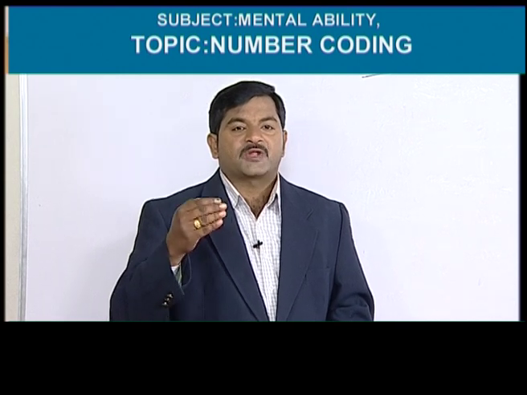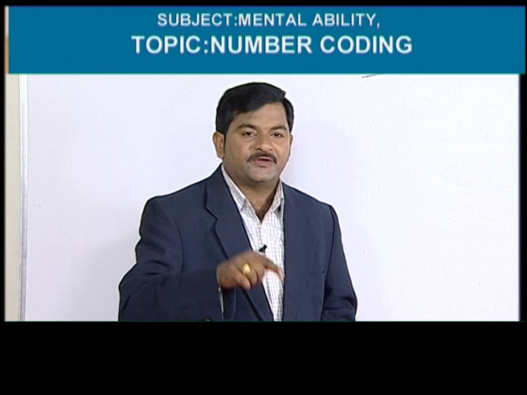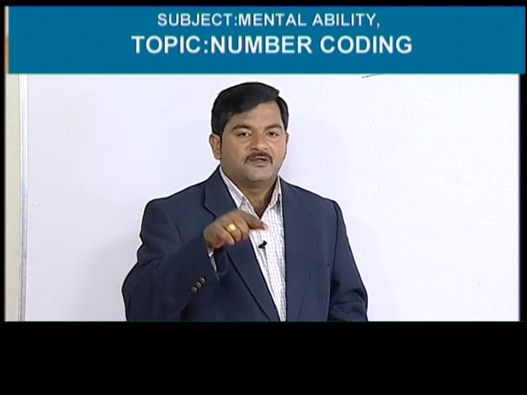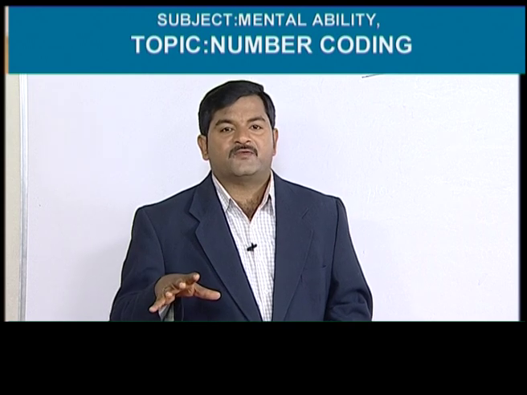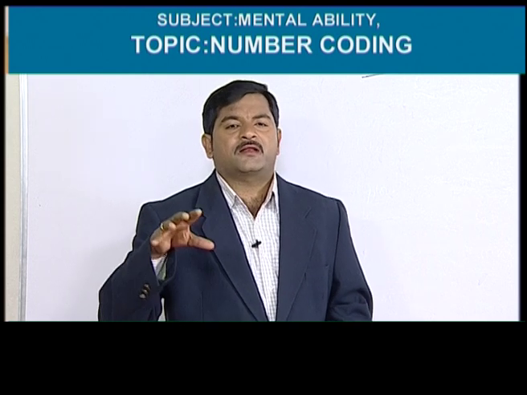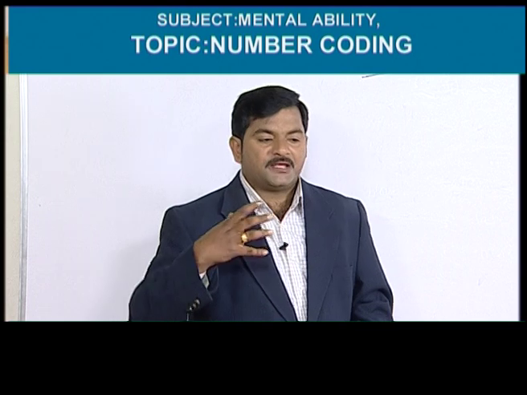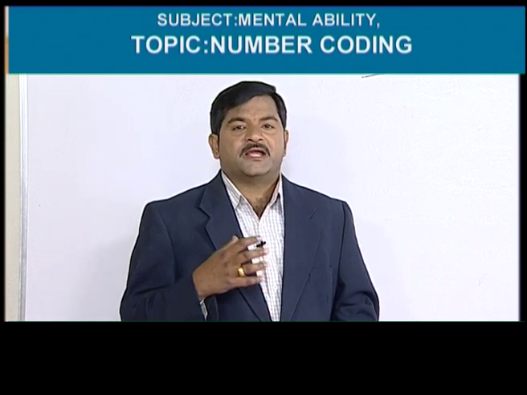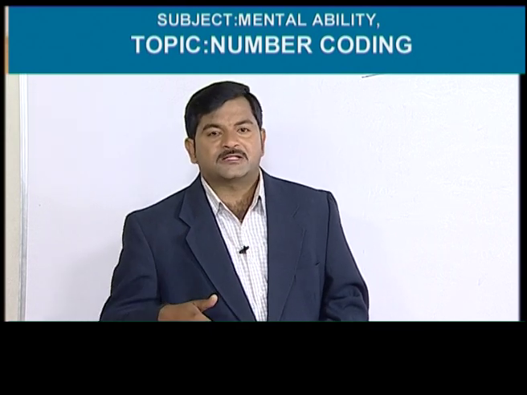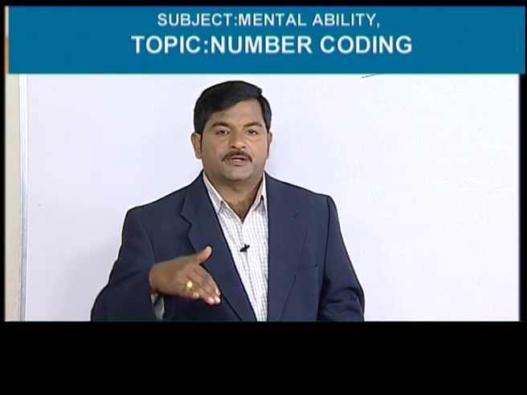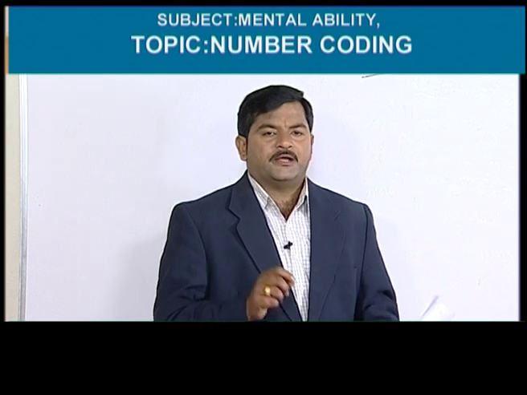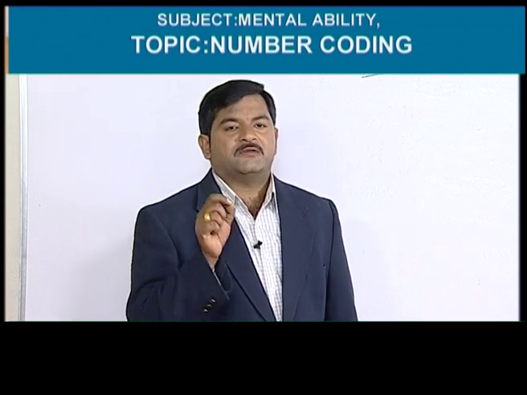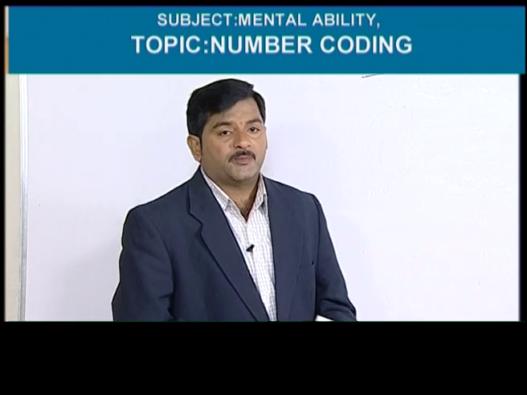After expressing A to M, instead of N to Z we expressed from Z to N. That means we expressed the second half of the alphabets in reverse order. The reason is that there is a kind of coding, and sometimes coding can be possible in that way also. I need to stress this point once again, then we will move to number coding problems.